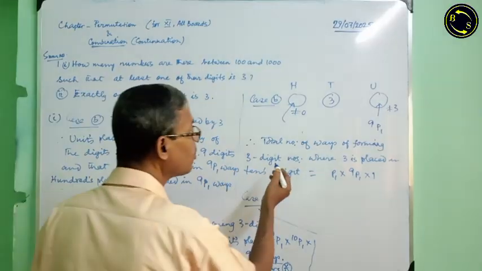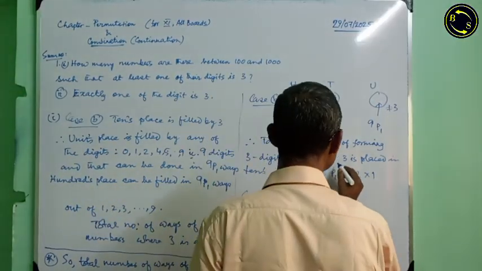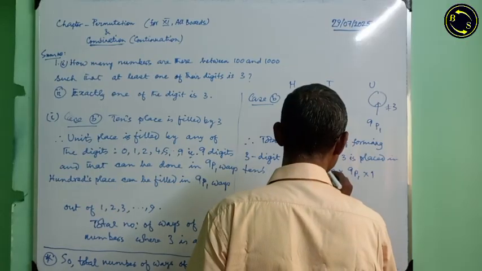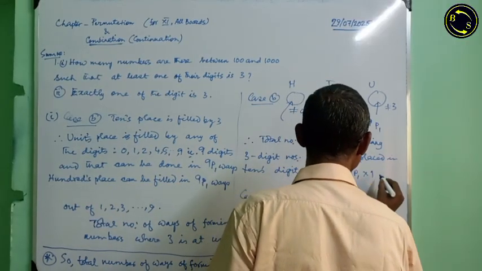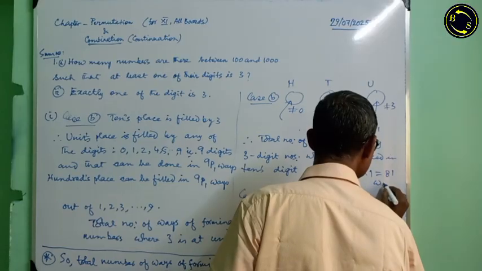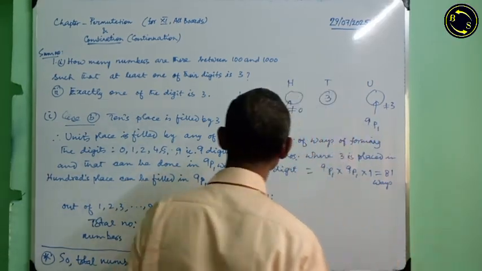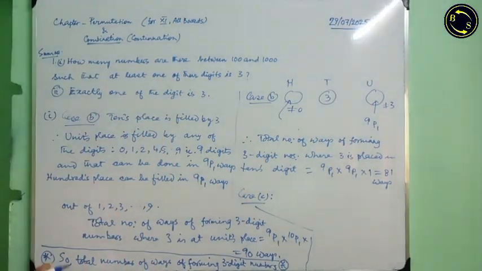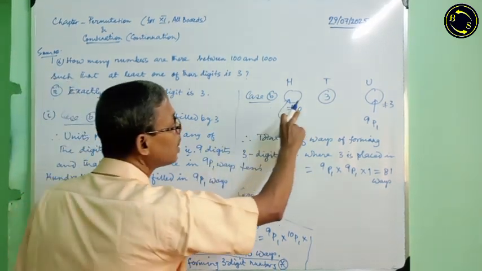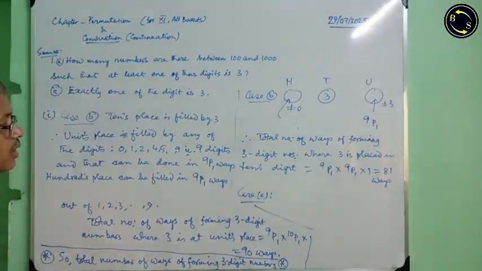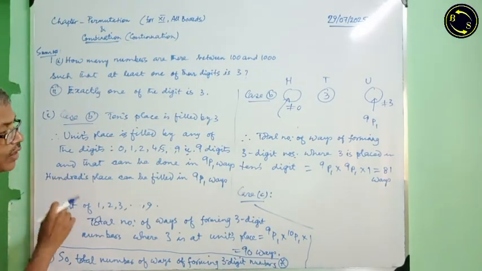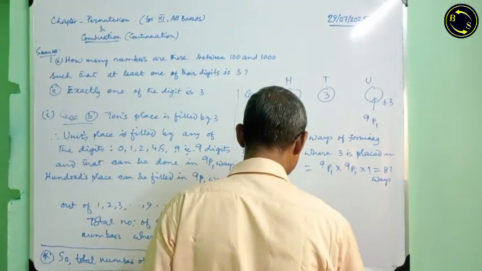Therefore, total number of ways of forming 3-digit numbers where 3 is placed in tens place is 9p1 into 9p1 into 1, that is 81 ways. Follow that. I have drawn diagrams here and written the statement here. Now case C.